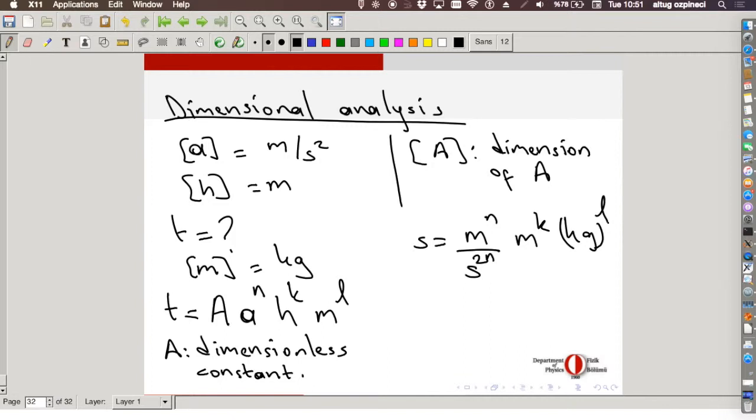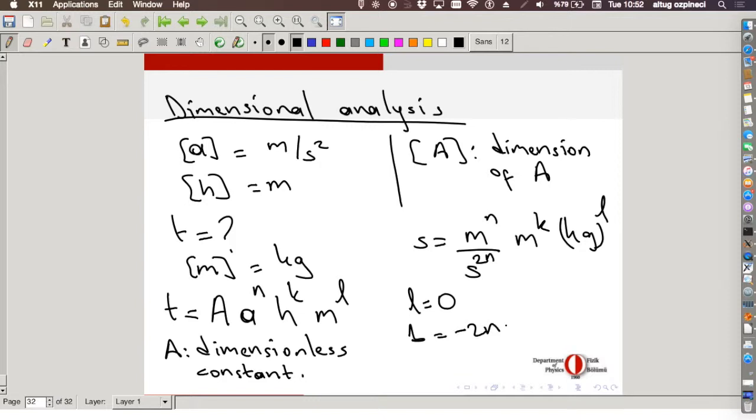What is the power of kilogram on the left-hand side? There is no kilogram on the left-hand side, so there shouldn't be any kilogram on the right-hand side. So l should be 0. What is the power of seconds on the left-hand side? What is the power of seconds on the right-hand side? Minus 2n.